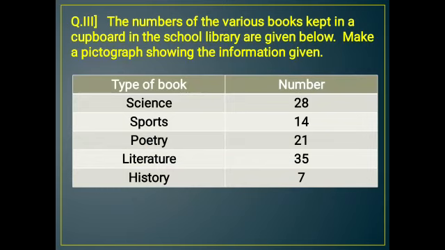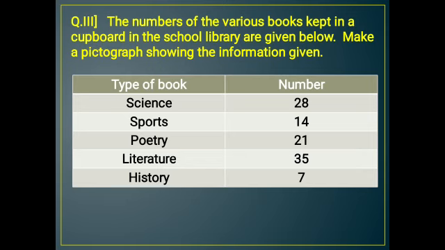Next, question number 3. The numbers of the various books kept in a cupboard in the school library are given below. Make a pictograph showing the information given. So type of book and number is given: science, sports, poetry, literature, history, and numbers 28, 14, 21, 35, 7.